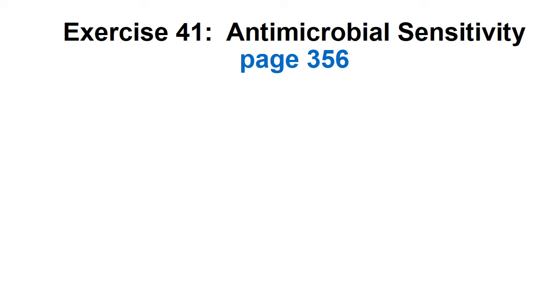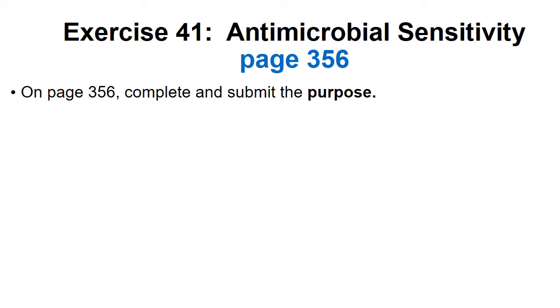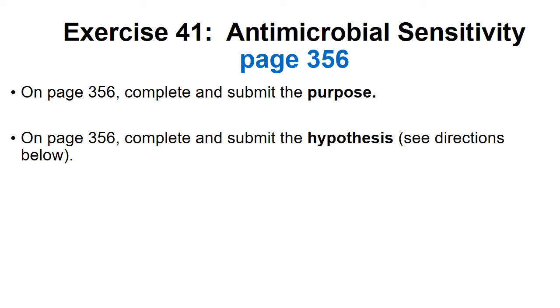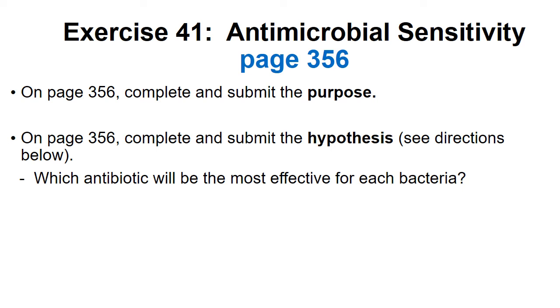Page 356. On page 356, complete and submit the purpose. On 356, complete and submit the hypothesis. See directions below. So what you're going to write is which antibiotic or antibiotics, you can pick more than one, that you think will be the most effective for each bacteria. Again, a hypothesis does not have to be accurate.